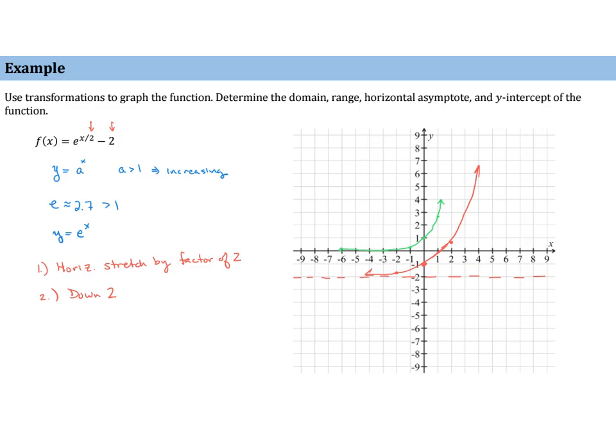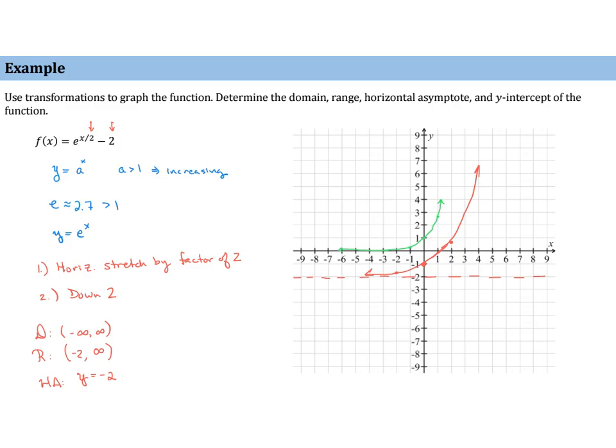Okay. So now what's the domain? The domain is negative infinity to infinity because it's an exponential function. The range will be from negative 2, our horizontal asymptote, and then upward. So negative 2 to infinity, and we don't include the negative 2. Our horizontal asymptote is y equals -2.